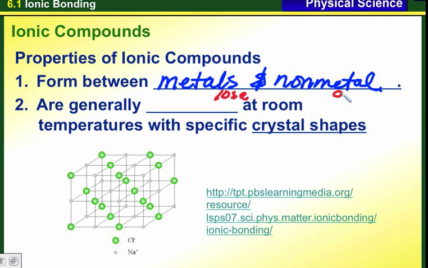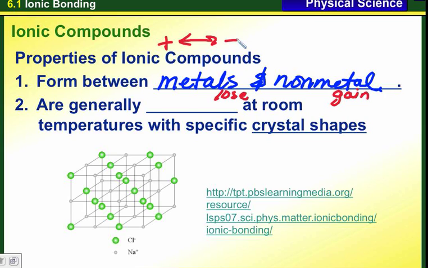And nonmetals, they like to gain their electrons. Of course, to create an ionic compound or an ionic bond, I need a plus to attract to a negative. Right? I need those two to come together in an ionic bond where metals lose, nonmetals gain, that attraction will occur.